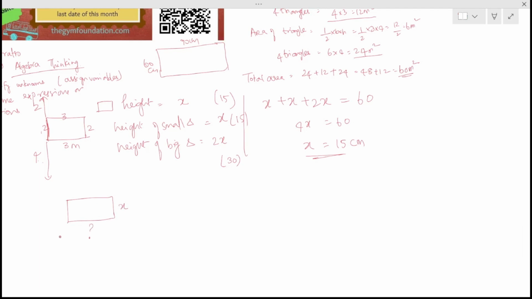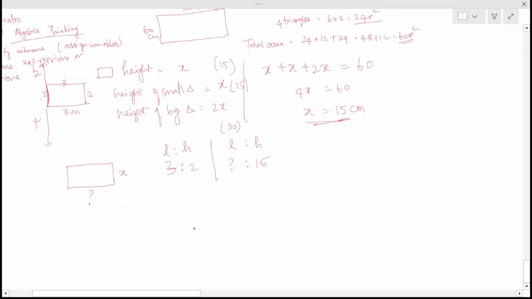And here comes the ratio, right? So in the existing one, the ratio of length to height is 3 to 2. And in the model that I'm going to make, I don't know what the length is, but I know what the height is, right? I know it is 15 height. So how do I find the length correspondingly?